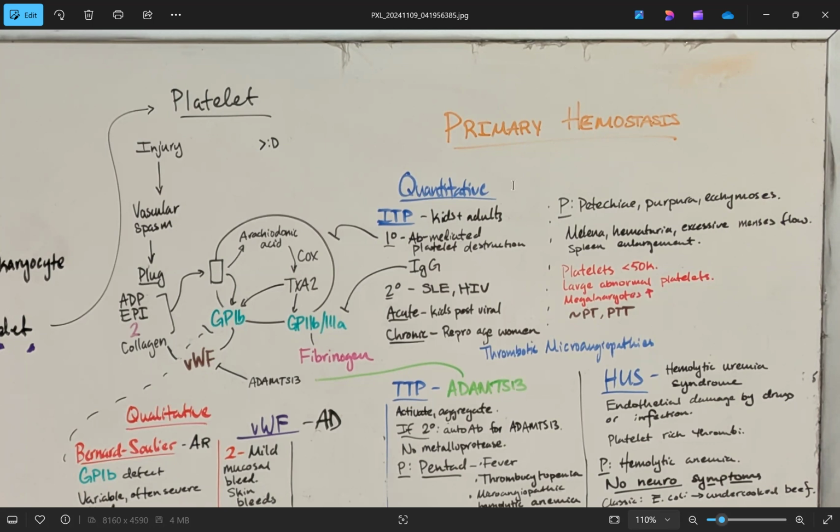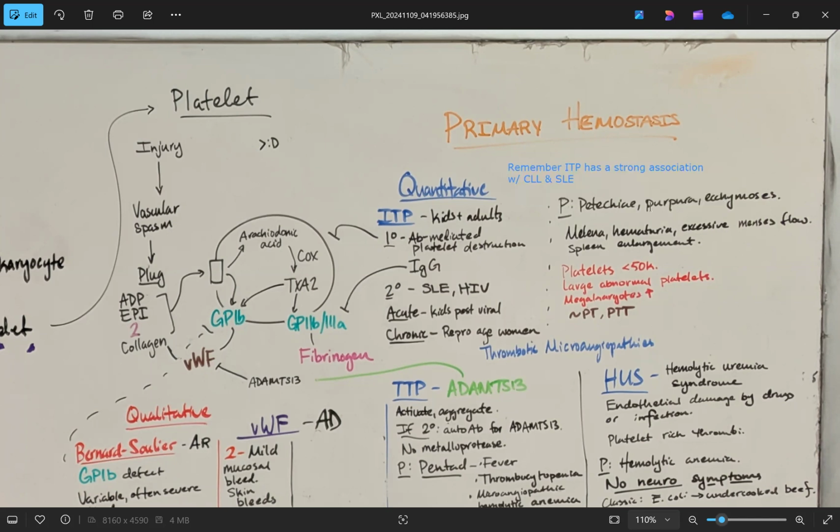Moving on to your thrombotic microangiopathies, your TTP, what does TTP stand for? Okay, thrombotic thrombocytopenic purpura, thank you. This will be a defect in your ADAMTS13 protein, which is a factor that will degrade your von Willebrand factor, so kind of help control your bleeding.